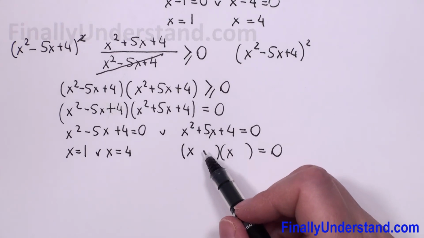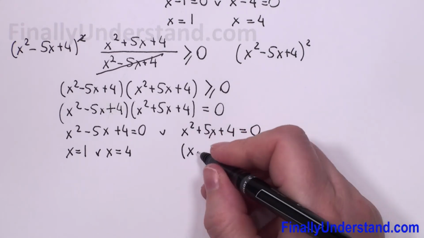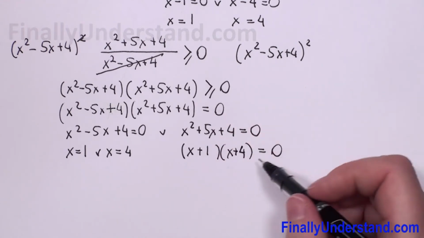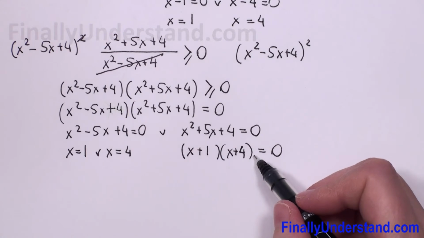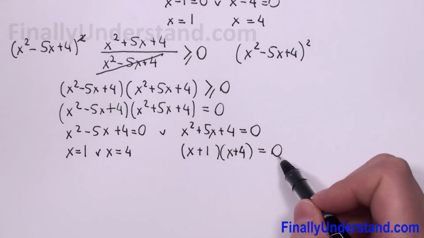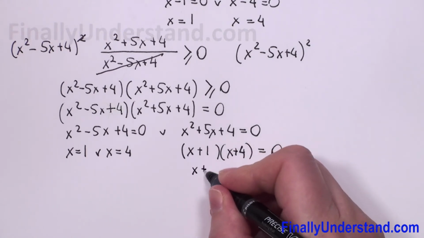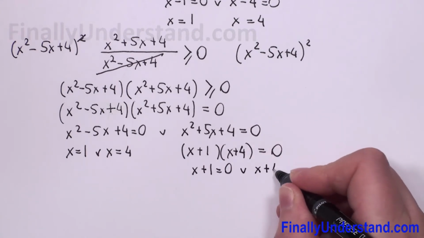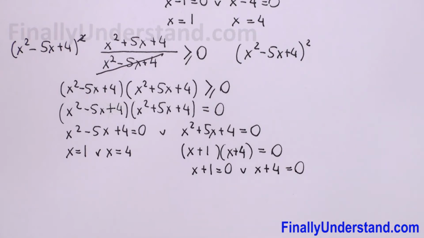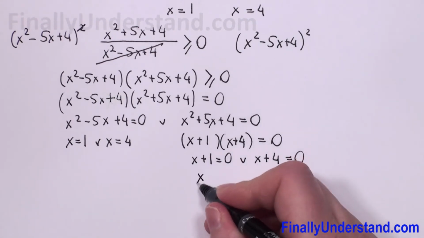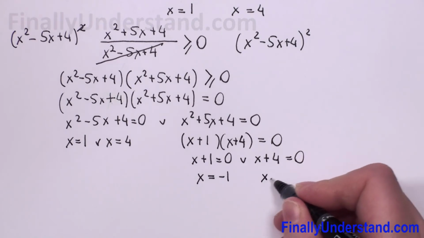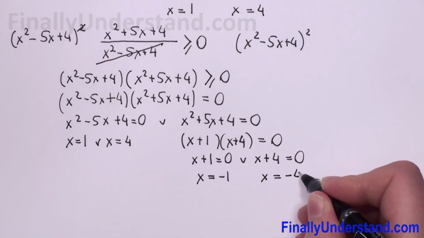It will be 1 and 4, of course. So now this left side will be 0 when x plus 1 will be 0 or x plus 4 will be 0. So we have x equals negative 1 or x equals negative 4.